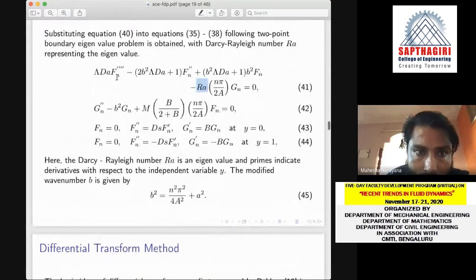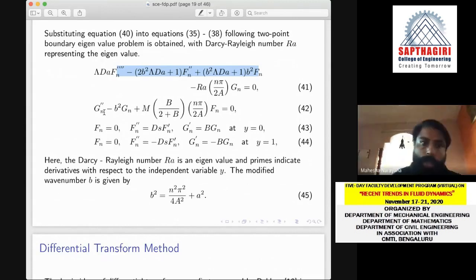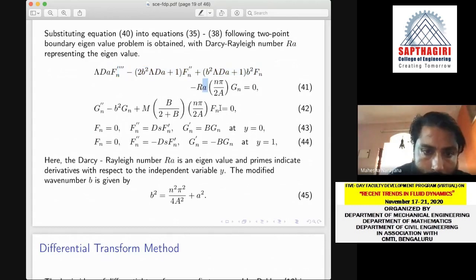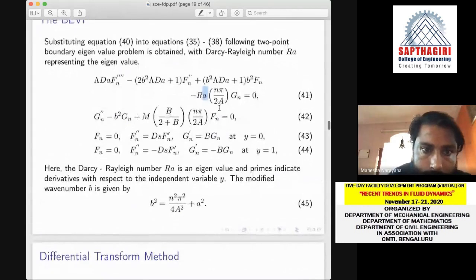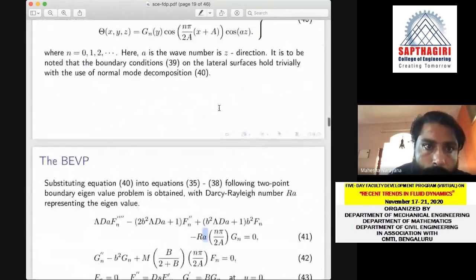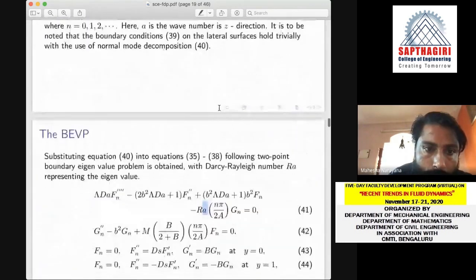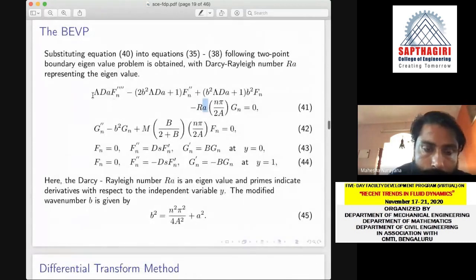And therefore, the solutions here are written as F subscript n and G subscript n, which will correspond to the corresponding eigenvalue Ra, which are integral multiples of R. So one can take the basic state normal mode, basic state solution.